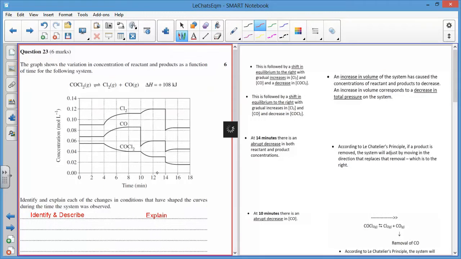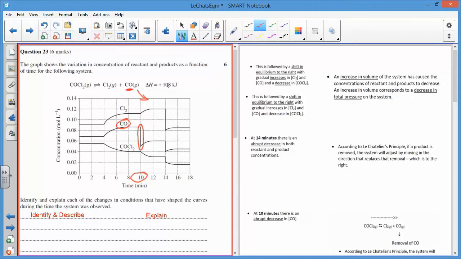Now we'll look at what changes occur at 10 minutes. We can see on the graph that we've got an abrupt decrease in concentration of one of the reactants, carbon monoxide. So effectively we've removed carbon monoxide.